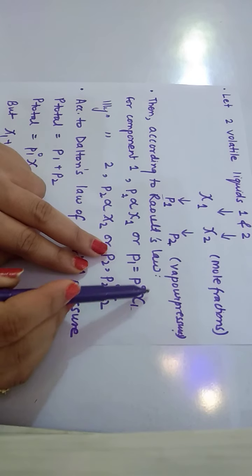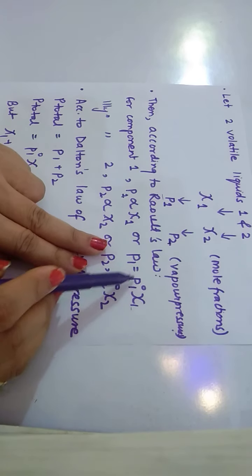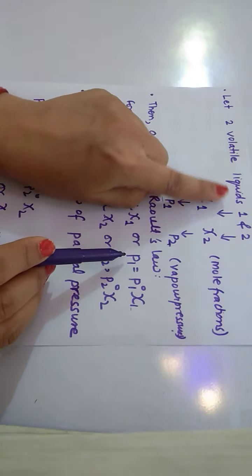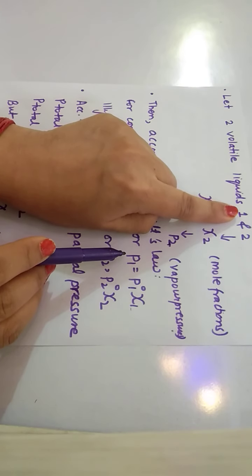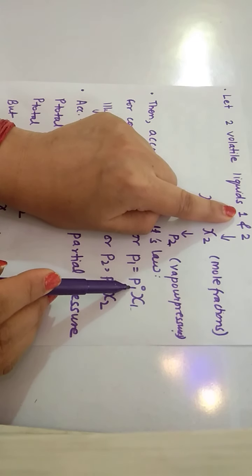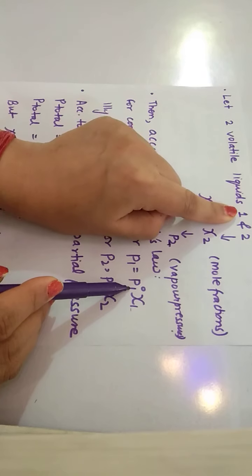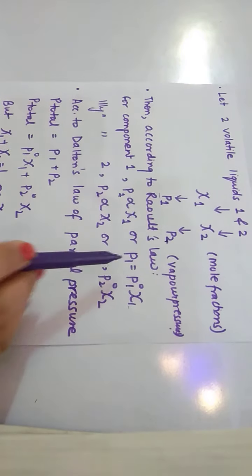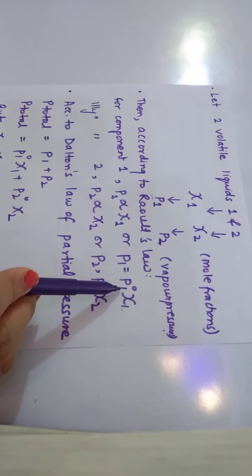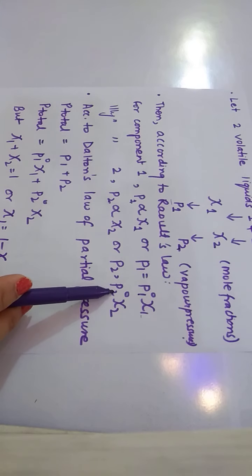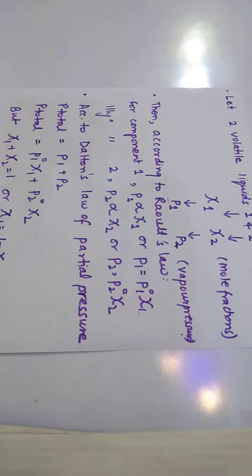Here P1 naught is the partial pressure of pure component 1, that is the pure state in which liquid 1 is present. Its individual pressure is the pressure exerted by pure component 1, and P2 naught is the partial pressure exerted by pure component 2.